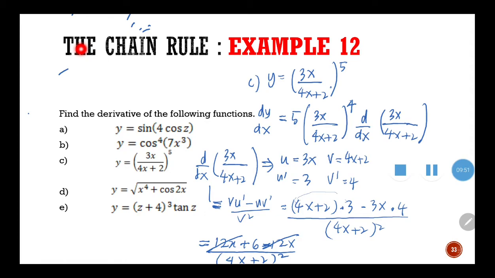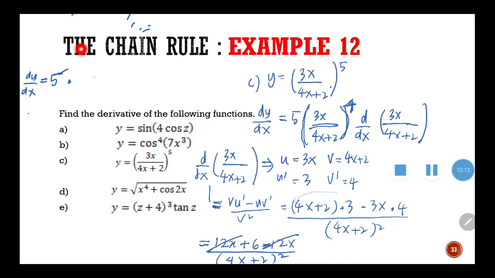Okay, so meaning to say the dy dx of this is equals to, I copy, I put the answer here, dy dx is equals to 5 times, if you look at this, 3x over 4x plus 2 power of 4 here.